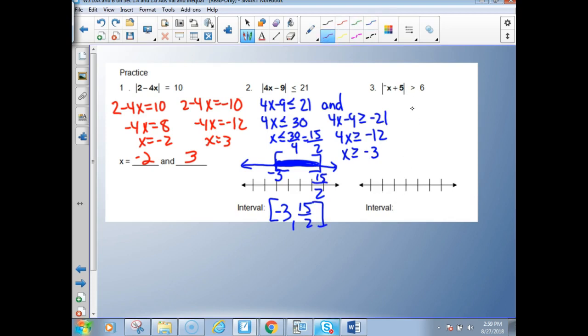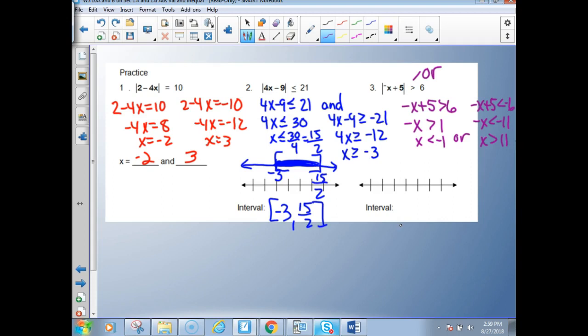Okay, how many of you are done with number 3 also? Okay, I'll give a second here. This one should be an or. Got a lot of turning around and symbols on that one.